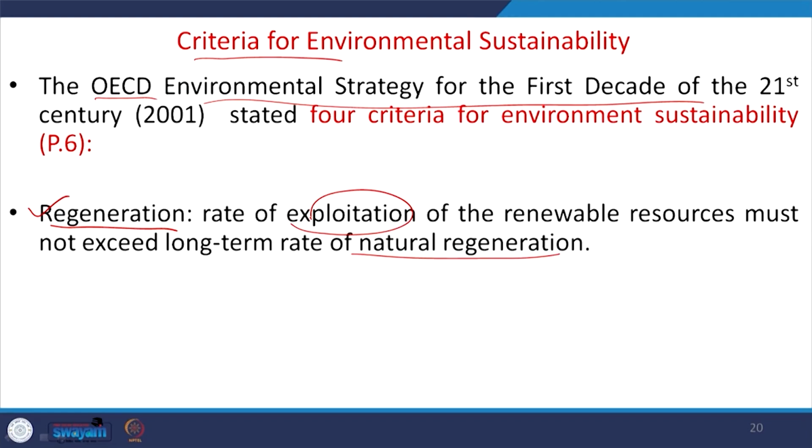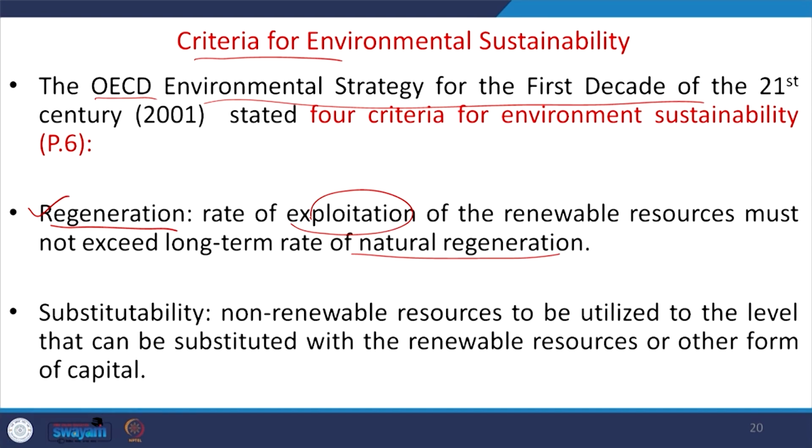So, the first criterion is that exploitation of the natural resources should not exceed the rate of natural regeneration of those resources. And the second criterion is substitutability.